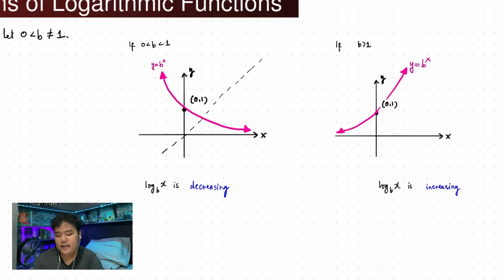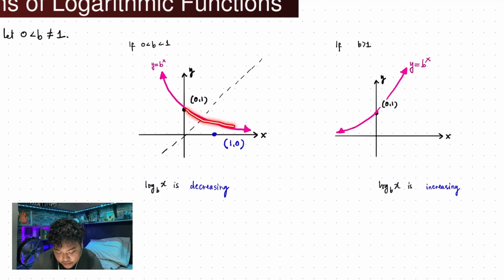So, pag pinlip mo about that line, itong pink, you will get the graph of the logarithmic function. So, I will sketch the graph of the logarithmic function in blue. Actually, pinagpapalit mo lang yung mga xy values. So, kung may 0, 1 dun sa exponential, may 1, 0 sa logarithmic. So, ang gagawin natin, re-reflect natin about this line.